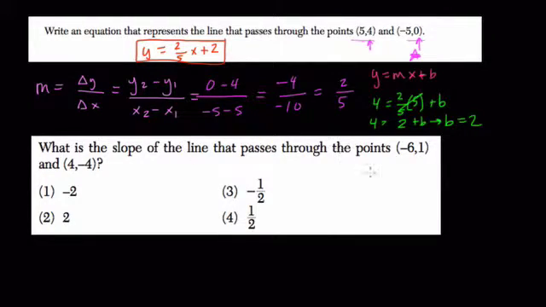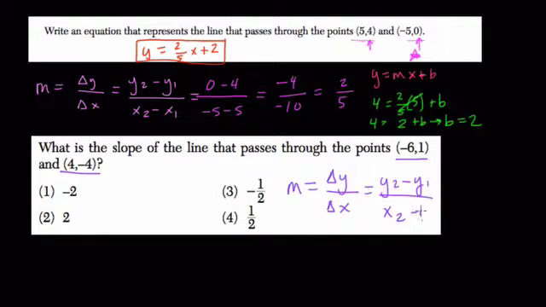What is the slope of the line that passes through these 2 points? So now we're just finding the slope. So m is slope, delta y over delta x, right? So we subtract our y values, get that difference, and put it over the difference of our x values. In this case, I'll start with the second point as the y2 and x2 point.